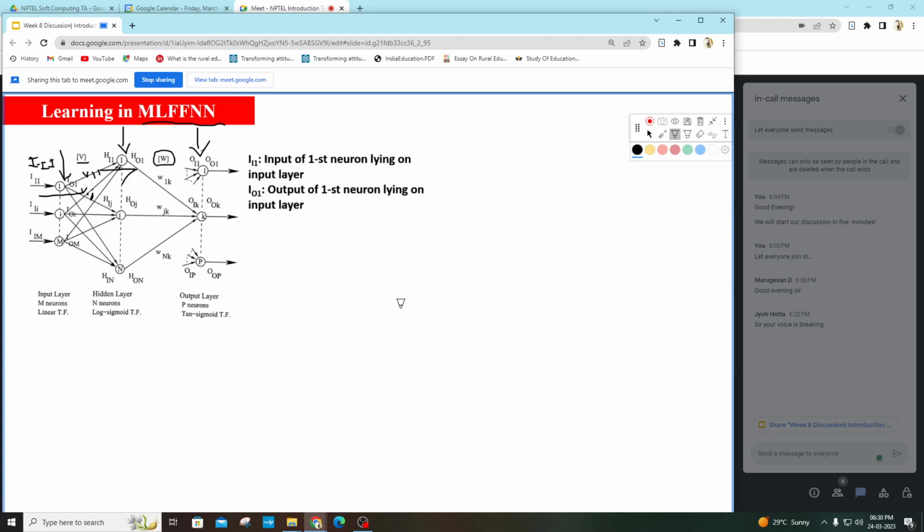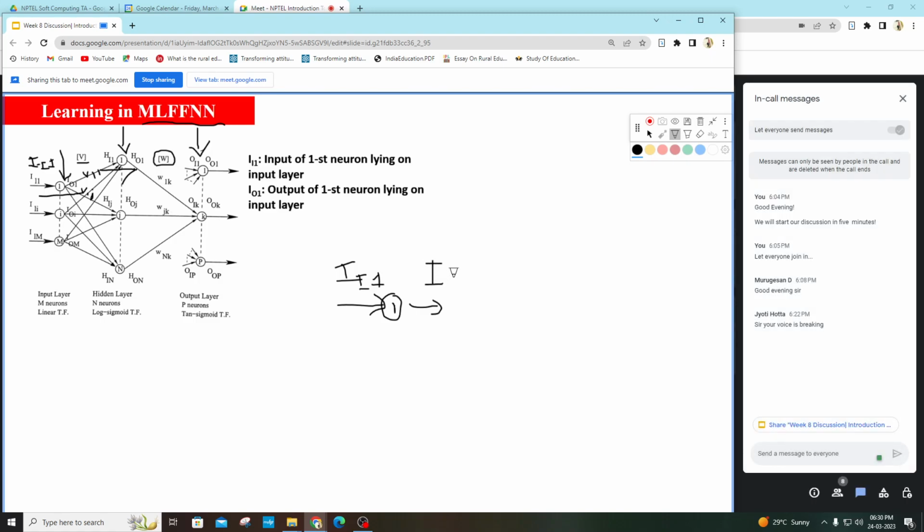There are two ends of a neuron, like this is a neuron, here one end, here one end. So this end we call it input end. If this is a neuron of input layer, we will be calling it I. Let it be first neuron. Okay, I1, right? This is I1, and this side we will call it IO1.